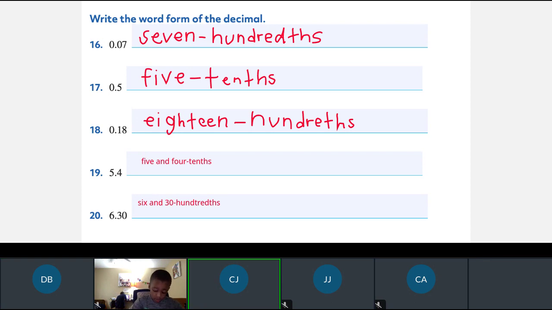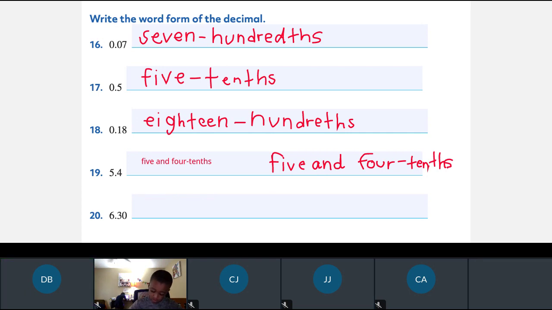I can't see. Can you see it now? I can't see 19 and 20. Okay, here, I'll write it out to the side just in case. So 5 and 4/10ths. And then let me just delete this so I can write it.